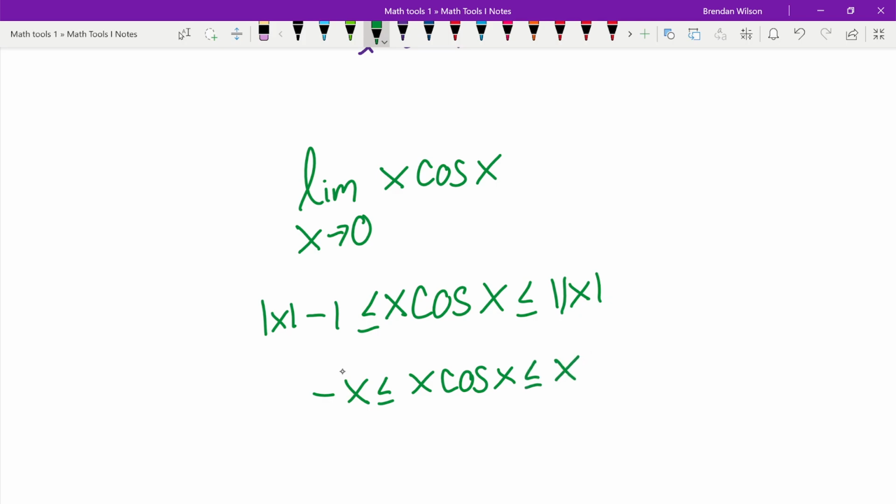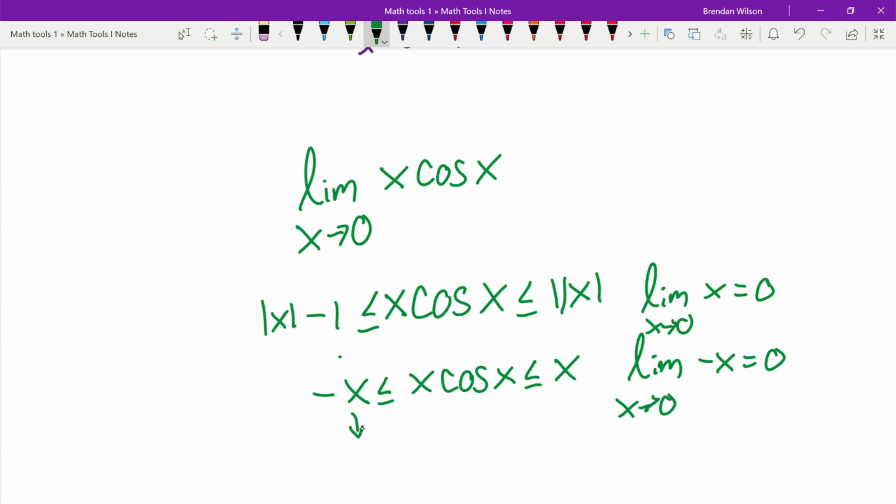Now the limit as x approaches 0 of negative x is 0, and the limit as x approaches 0 of x equals 0. So this one's going to 0, this one's going to 0.